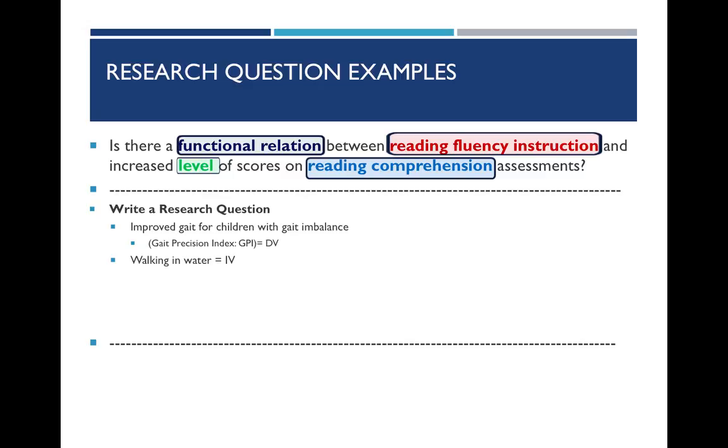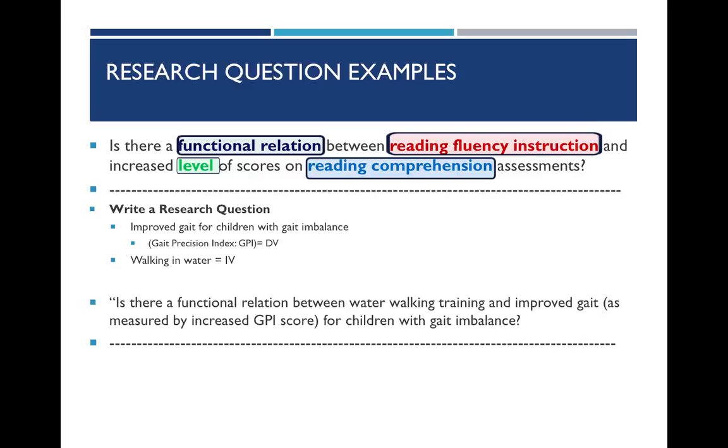Take 15 seconds and then look for the four elements that we've been talking about. All right, now compare what you've just written with this.